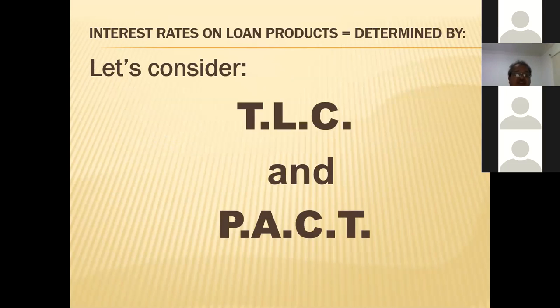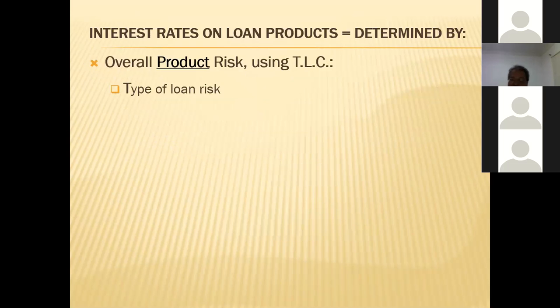So as you see there on the top, it says interest rates on loan products are determined by these two, TLC and PACT. What do they mean? Okay. Again, this is not in your book. TLC is not in your book, but PACT is on page 41. And so I'm just going to go through it briefly here, and we'll talk about it in a little bit more detail in chapter 8.